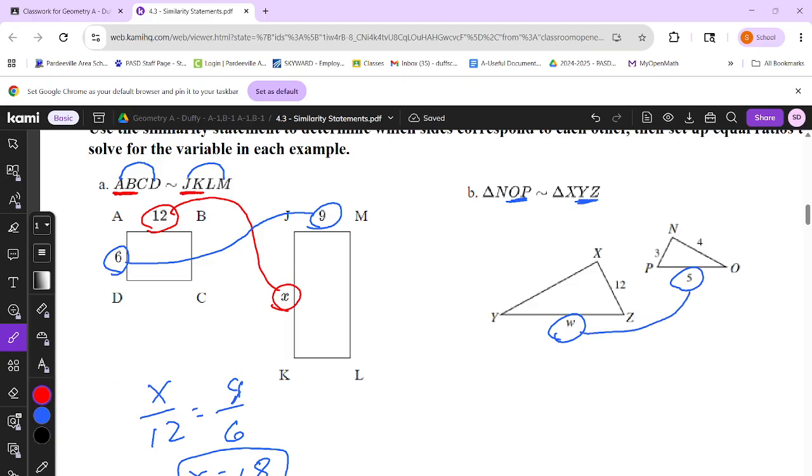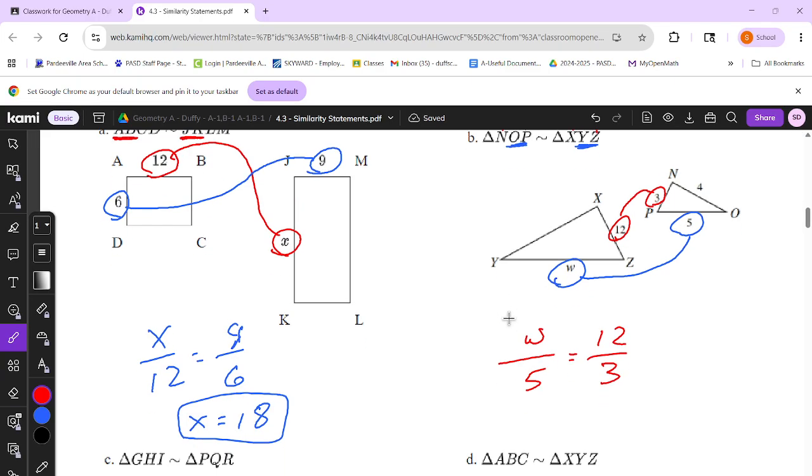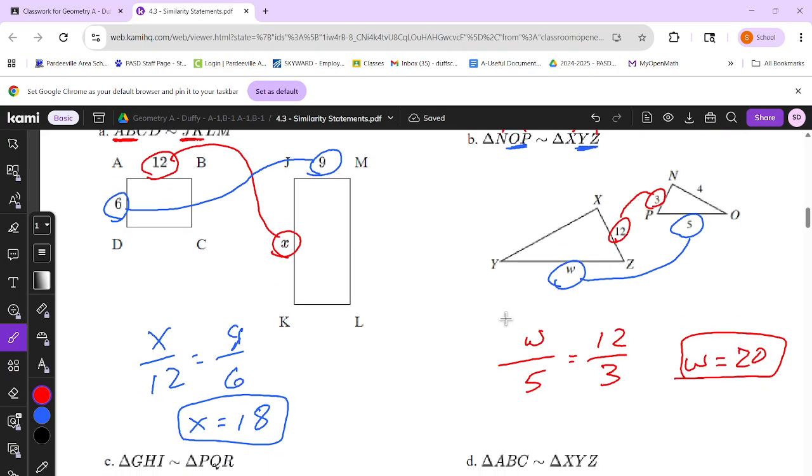And then X to Z would correspond to N to P. Now that I have that, I'm going to do W over 5 equals 12 over 3. Cross multiply, divide. W equals 20. Sorry about that mistake.